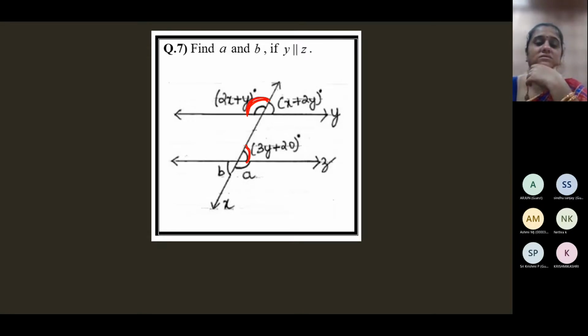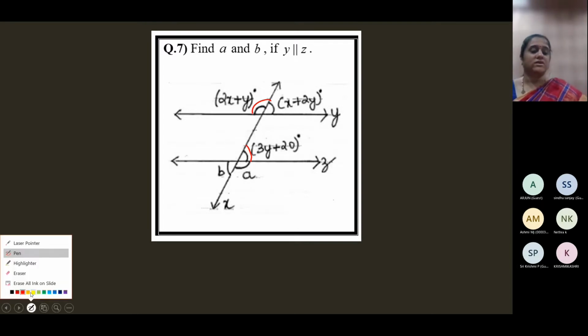Ma'am, no, ma'am. Okay, so there is no relation between this angle and this angle. There's no relation. Okay. Is there any relation between this angle and this angle?